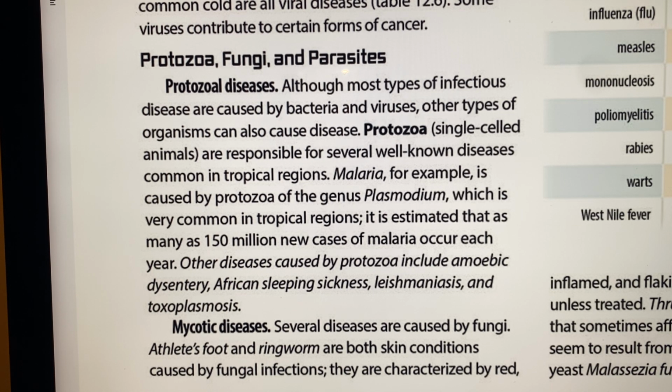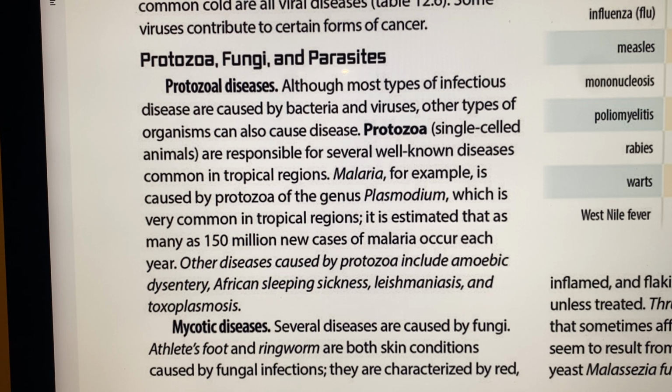Also, thrush of the mouth in infants. This is an infection of this fungus in your throat. Dandruff can also be a fungus of the scalp. Yeast is a type of fungus, and it can get into your scalp and irritate it. And you have to have an antifungal shampoo if that happens, right?